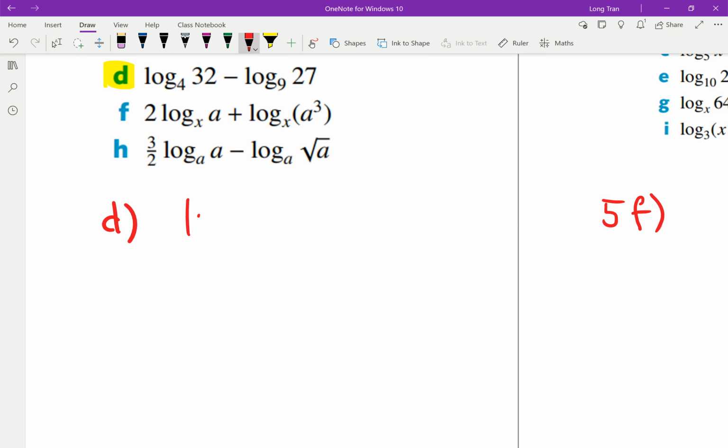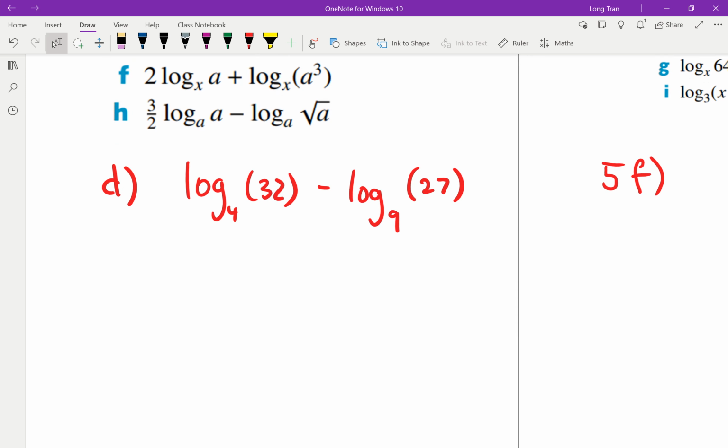D. Log base 4 of 32 minus log base 9 of 27. So there's a problem here. We can't combine these two expressions because they have different bases. But let's work them individually. Log base 4 of 32, what does that mean?